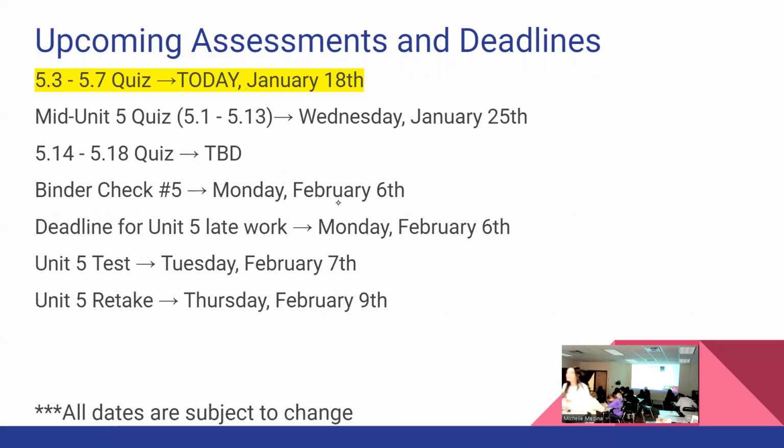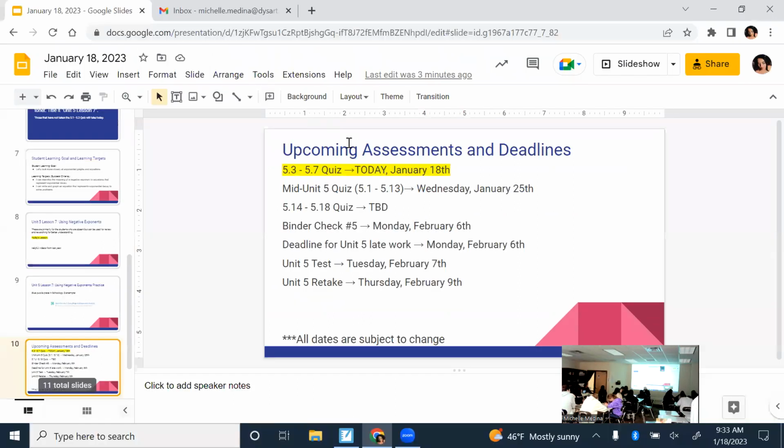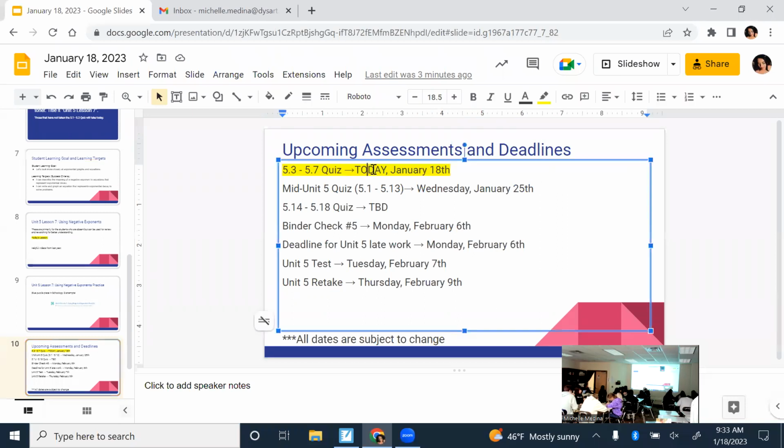The quiz was supposed to be today, but of course, the lesson took practically all hour, and you need about 30 minutes for the quiz. So that will change to tomorrow for sure, over lessons 3 through 7. So make sure your practice is done. Make sure that if you have questions that you either email me or ask me in class, because understanding the practice is the best way to prepare for your quizzes.